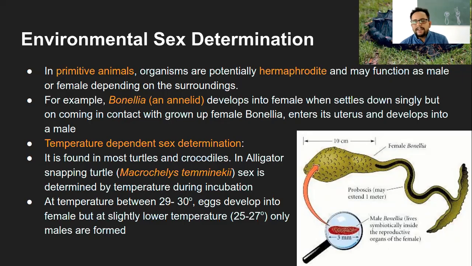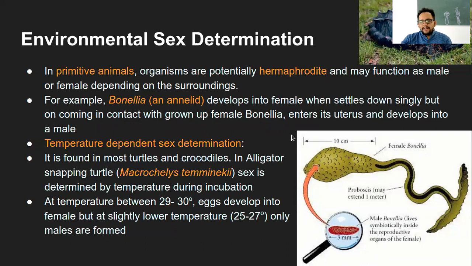Rather, they are like neutral bodies, and depending on factors or stimulation of a particular orientation, they will be oriented either towards male or towards female. So that organism is called a hermaphrodite.